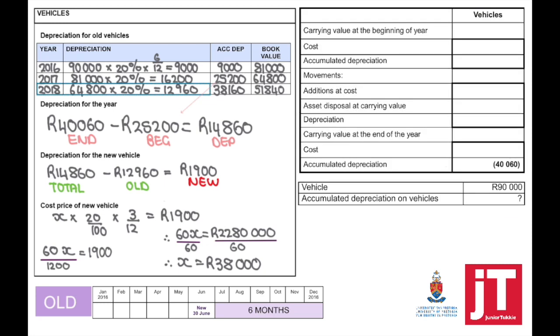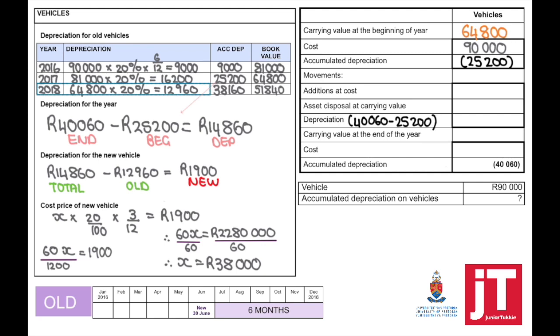To complete this now on our tangible asset note, we're going to start with the cost in the beginning. They provided the cost in the beginning, 90,000. We have calculated the accumulated depreciation on the old asset in the beginning, 25,200. It must be shown in brackets. Cost minus accumulate equals the carrying value in the beginning.